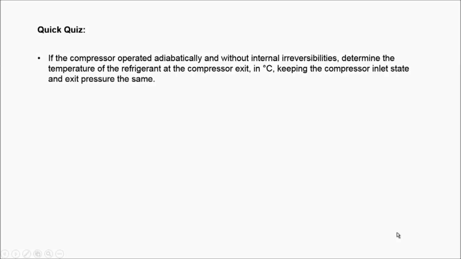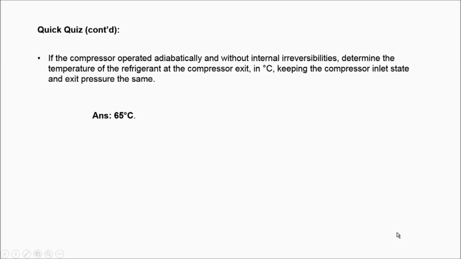If the compressor operated adiabatically and without internal irreversibilities, determine the temperature of the refrigerant at the compressor exit in degrees C, keeping the compressor inlet state and exit pressure the same. You may want to stop the video at this point and work on the answer. The answer is 65 degrees C. Hopefully, this is the answer you obtained.